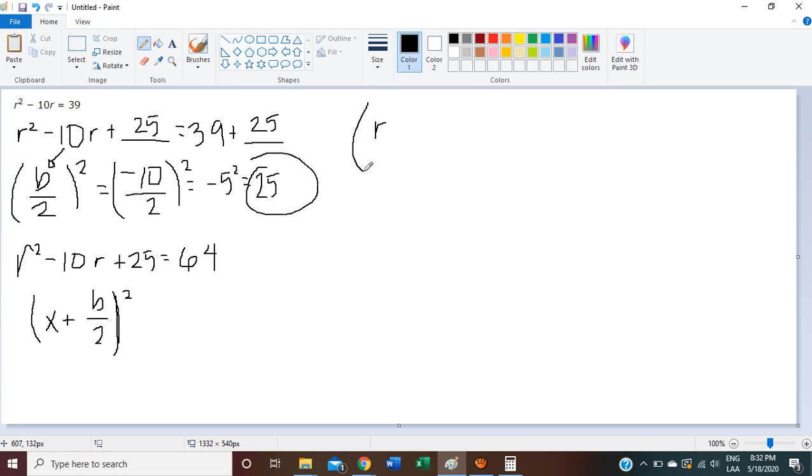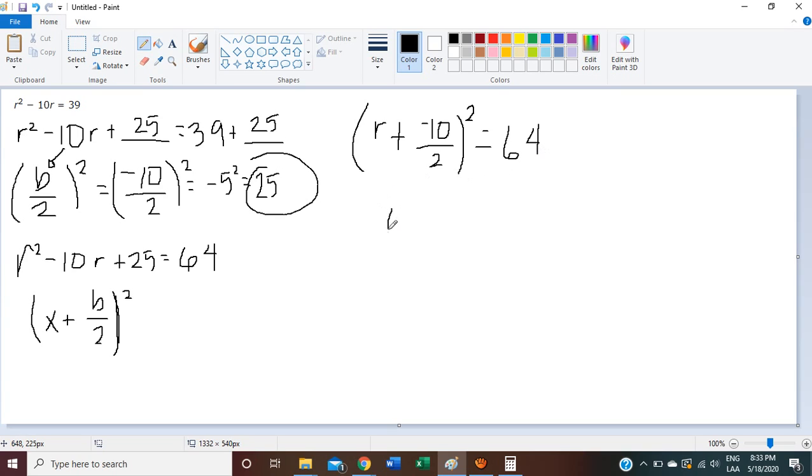Let me write the parenthesis, r plus negative 10 divided by 2, squared, equals 64.